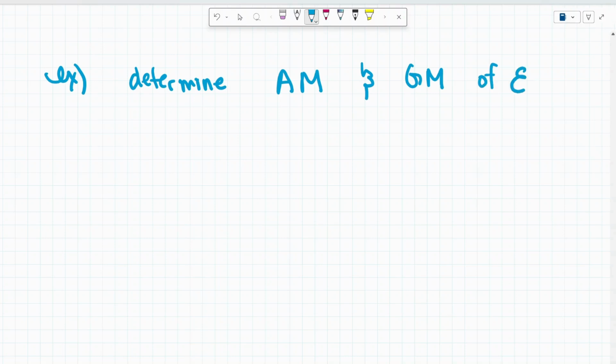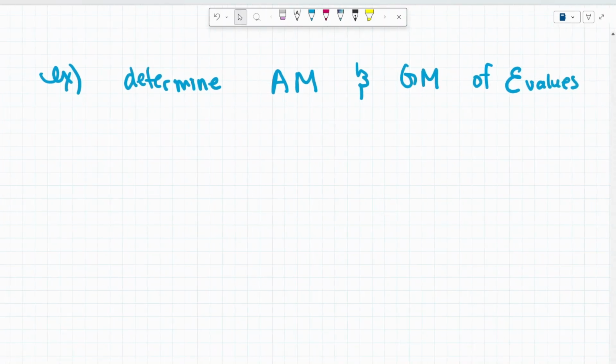I'm going to write eigenvalues as this epsilon kind of E and then just values. Okay, so that's what we're looking for. So let's see what our matrix is. In this case, we're going to define A. It's a square matrix, and we have 1, 0, -1, and 1.